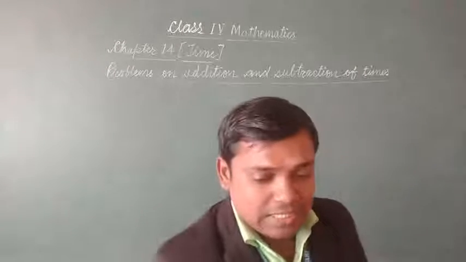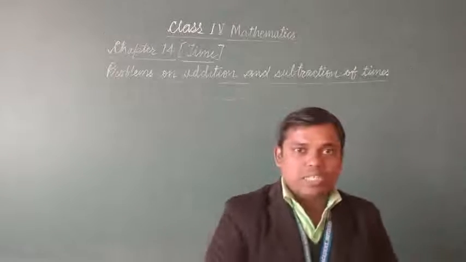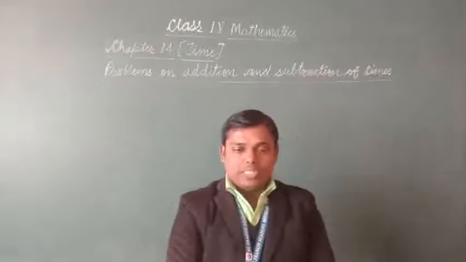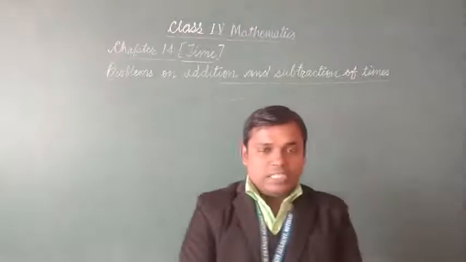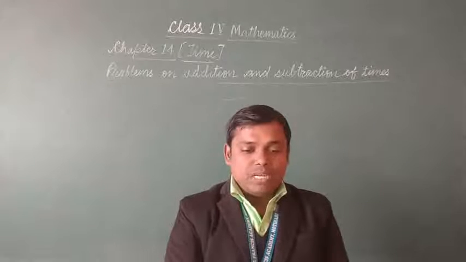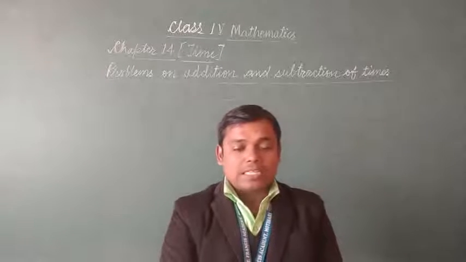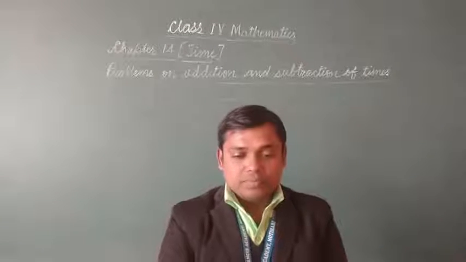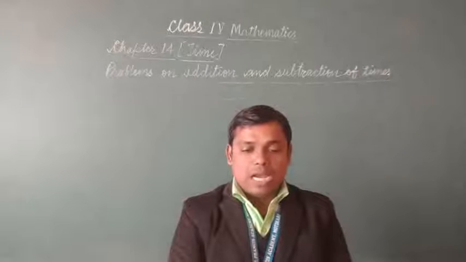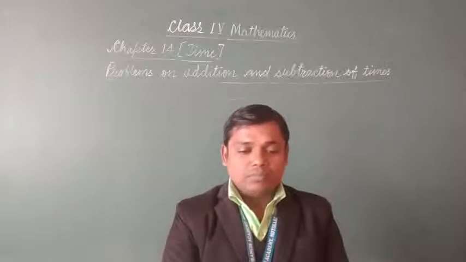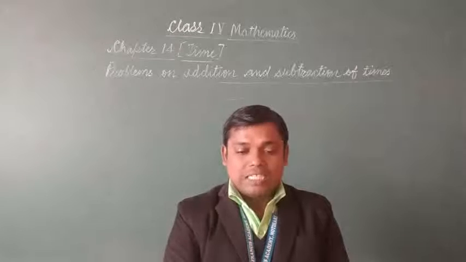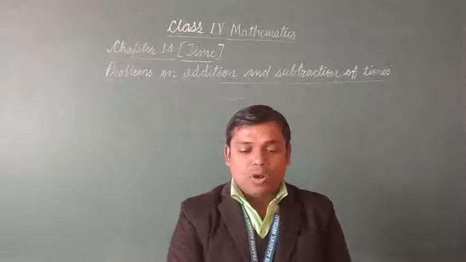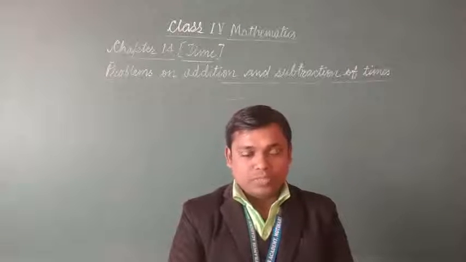So the first question of exercise 14.7 I am going to solve here. So read the first question. It is written here, Rahim leaves home at 9:30 am. He returns home at 6 pm on the same day. How long does he remain away from home?